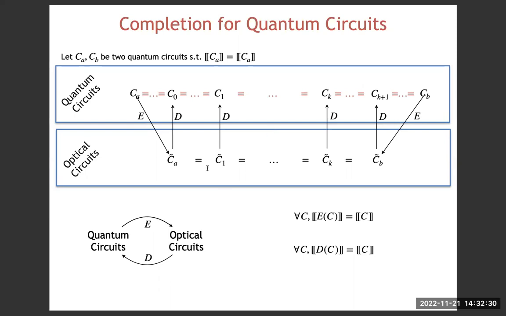Intuitively, the idea is that each time we apply an axiom of optical circuits here, we consider the decoded version of this axiom, and we will add enough equations to the quantum circuit model in order to be able to mimic, to simulate this single equation by maybe several steps, but in the quantum circuit. Okay, so that's the general idea. And now I'm going to present the encoding and decoding we are using for this proof.